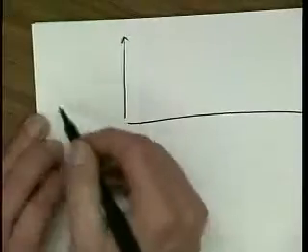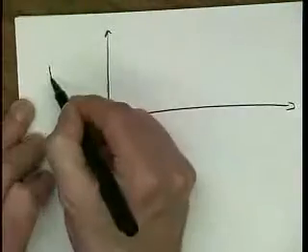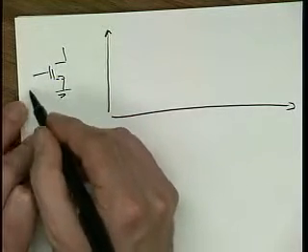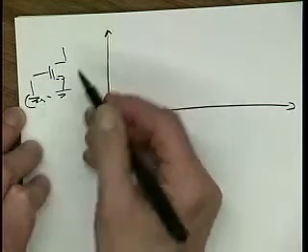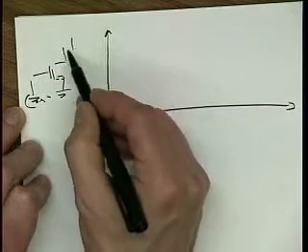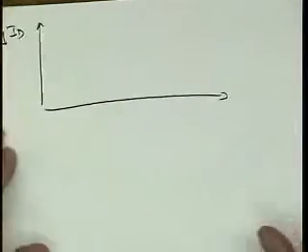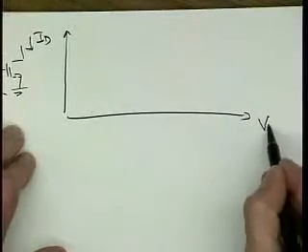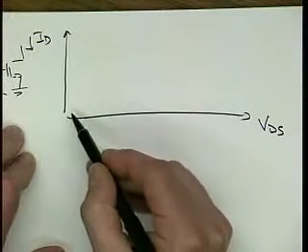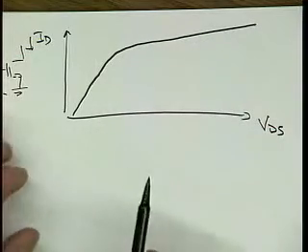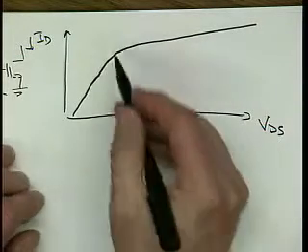In that case, we are keeping VGS constant this time, and we are looking at the current ID, which, if this is a good current source, should be constant. So we look at ID versus VDS, and first we are in triode region, then it looks something like that in saturation.